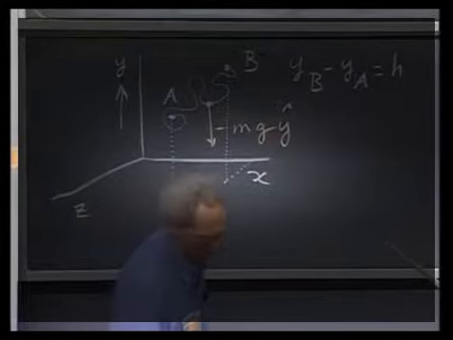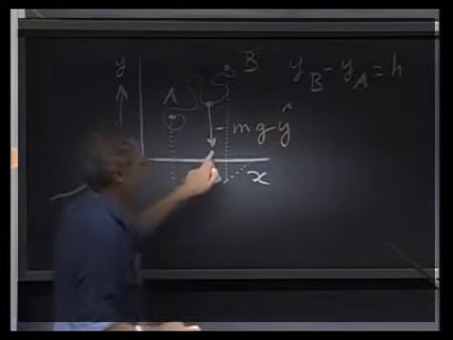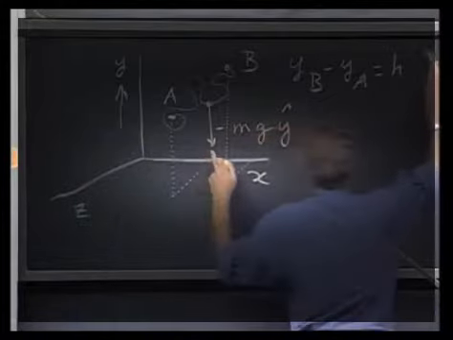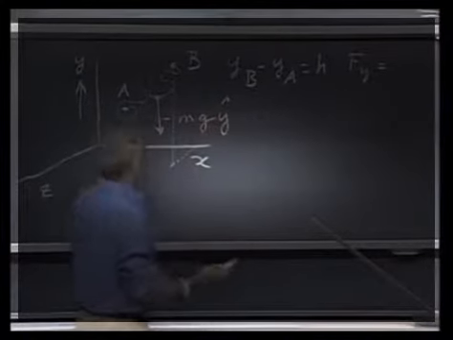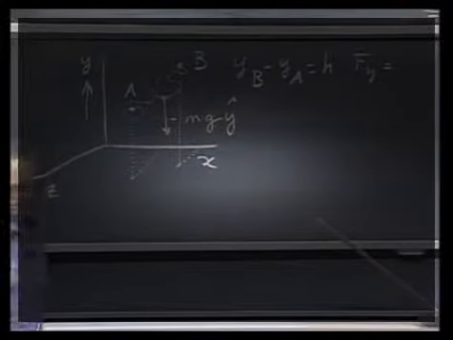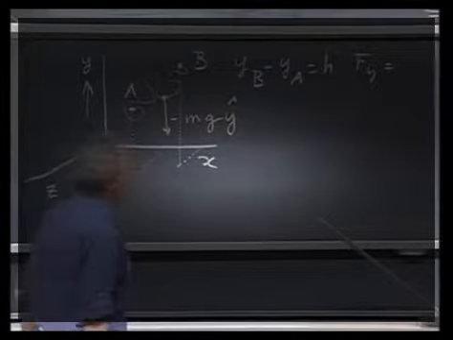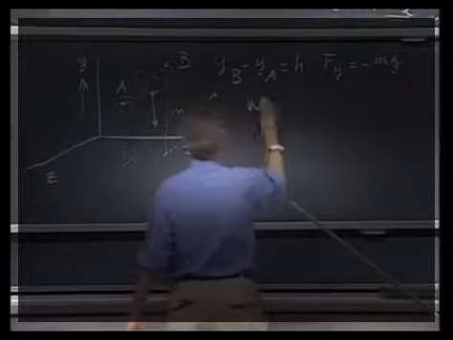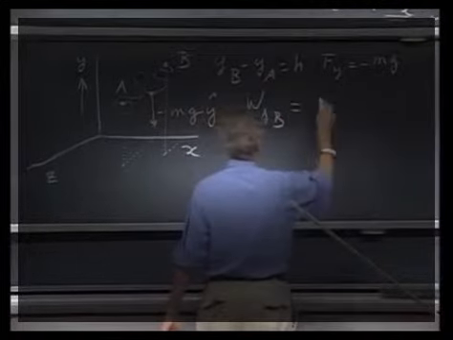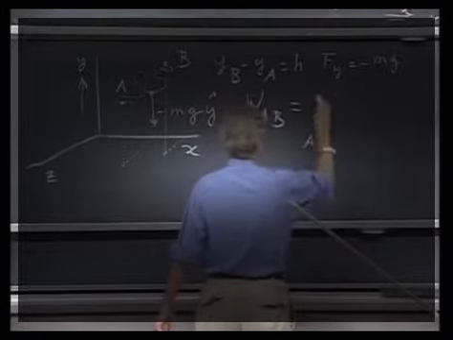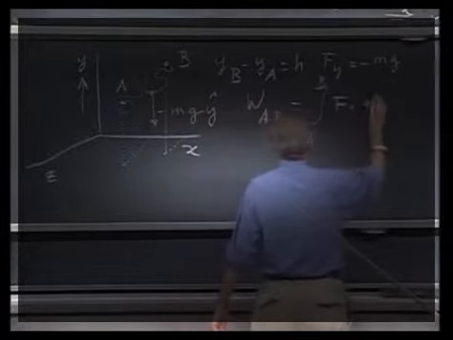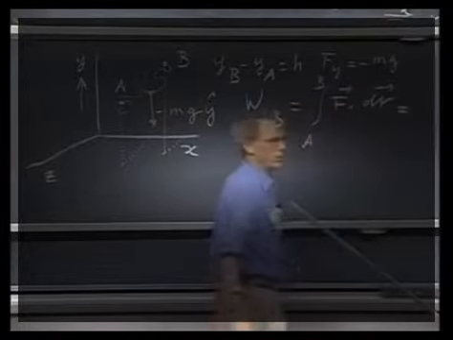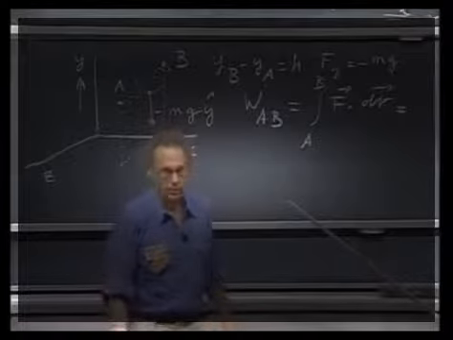So now I notice that there is only a value for f of y, but there is no value for f of x, and there is no value for f of z. They are 0. And so f of y equals minus mg. And so if I calculate now the work in going from A to B, which is the integral from A to B of f dot dr, then the only term that I have is the one that deals with the y direction.